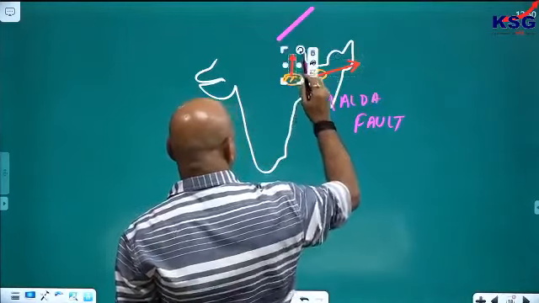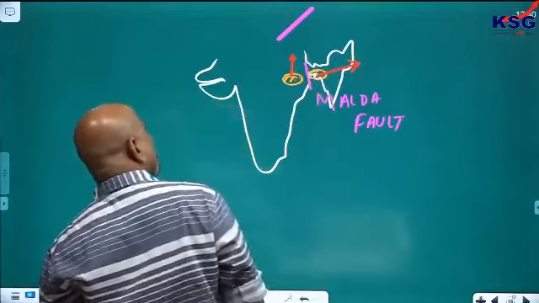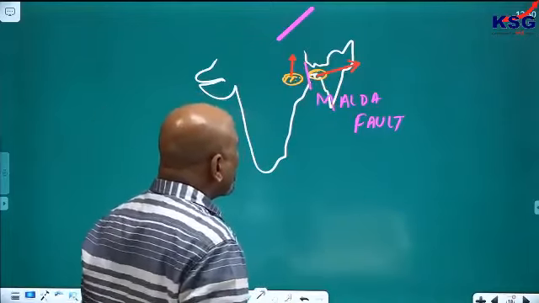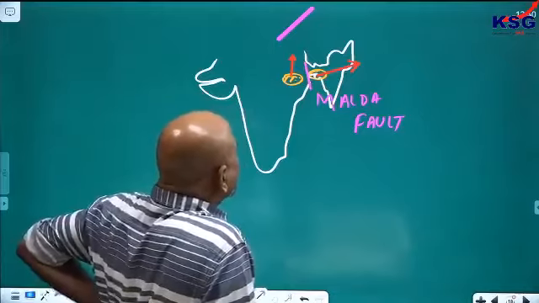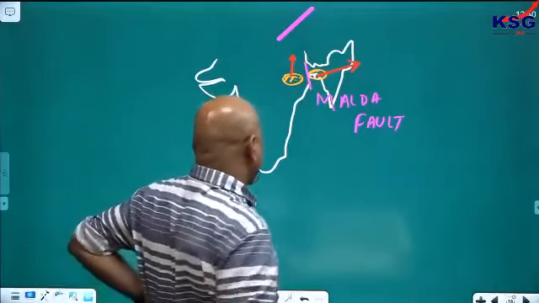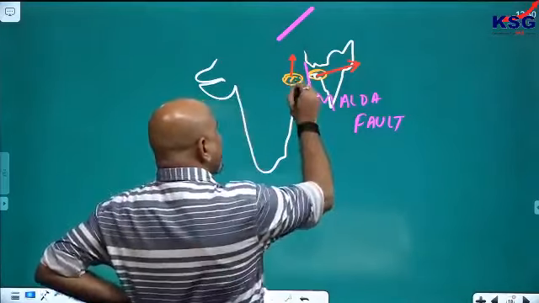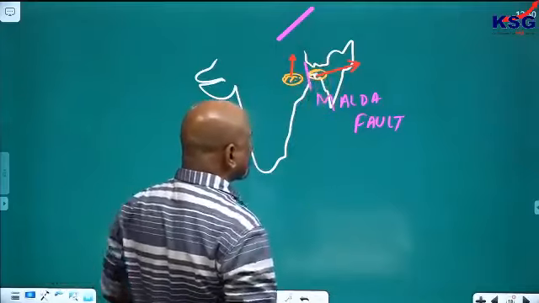This area in this way it is going. And this leads to crack development here. So this part went from there to there with respect to time.